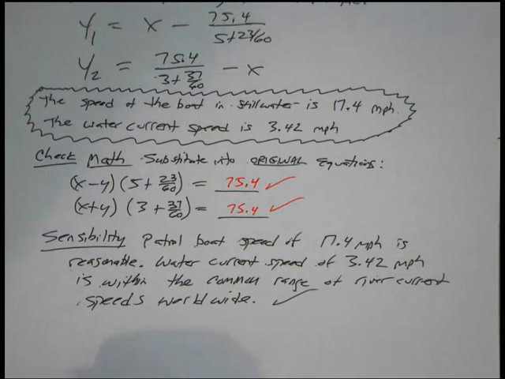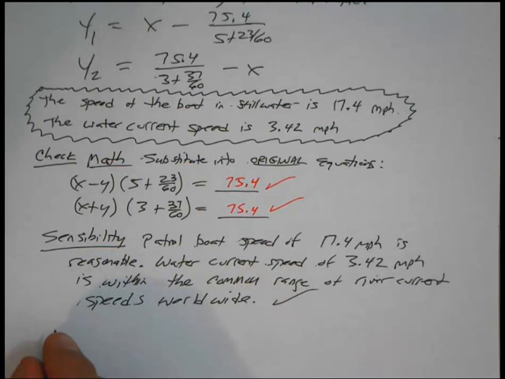Let's go a little further with this check of the patrol boat speed of 17.4 miles per hour. You want to try to challenge your answers with very simple calculations. Make sure everything is consistent.